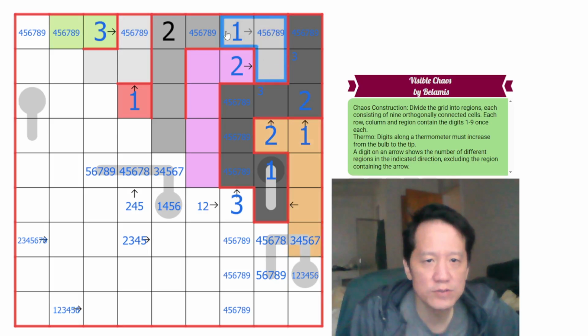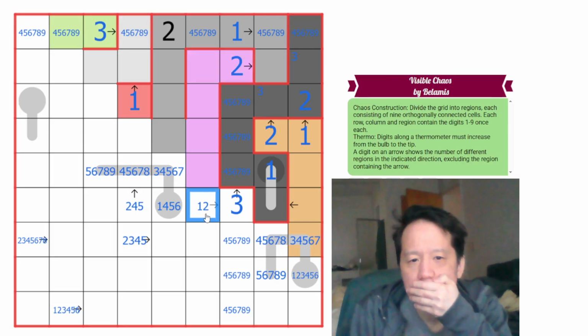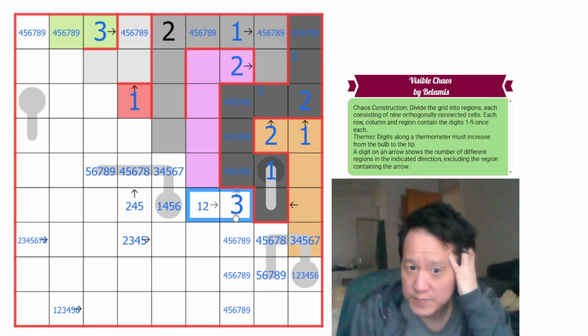This is 1, 2, 3, 4, 5, 6, 7, 8. We have 1, 2, 3, 4, 5. Could extend to here.